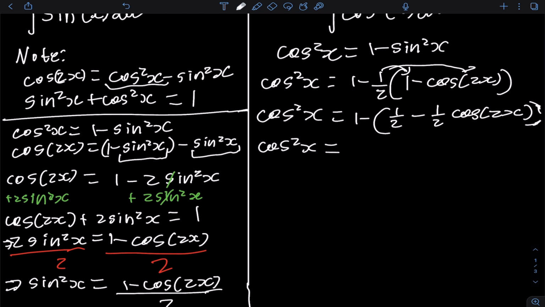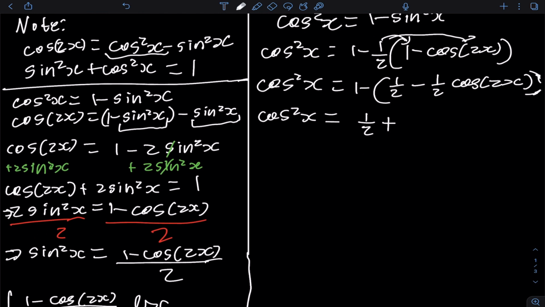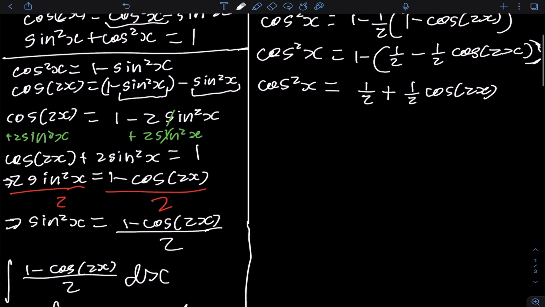So all we have is 1/2 minus, and then 1 minus 1/2 of cosine 2x. That is just going to be now plus 1/2 of cosine 2x.